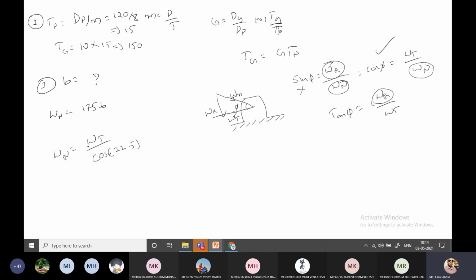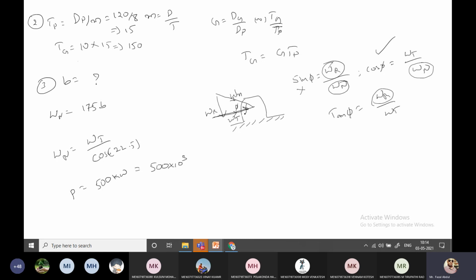Now power is transmitted, and the power relation is given. The power value is 500 kilowatts, nothing but 500 into 10 to the power of 3. With this power relation we can calculate Wt.